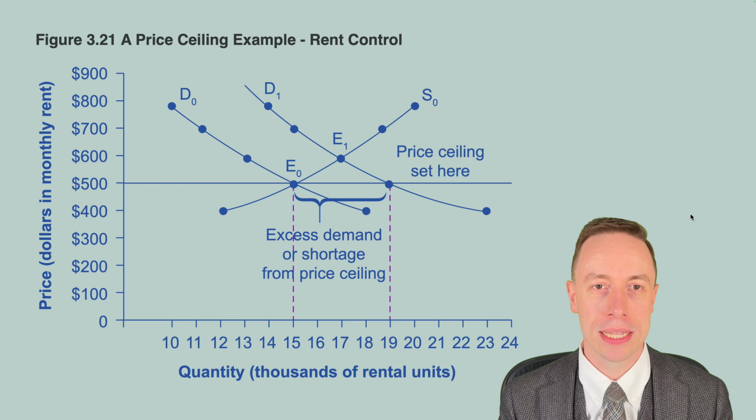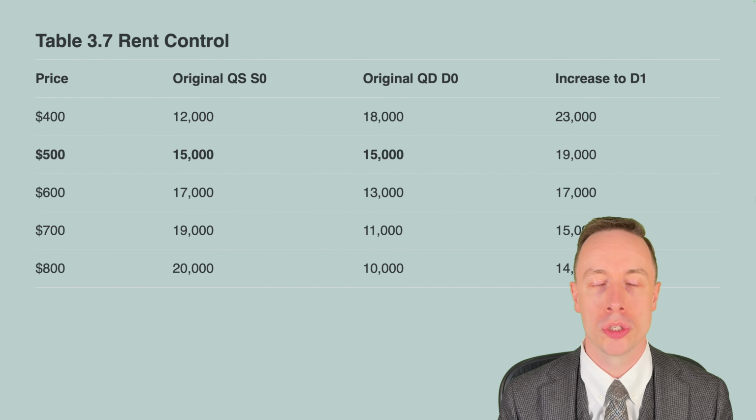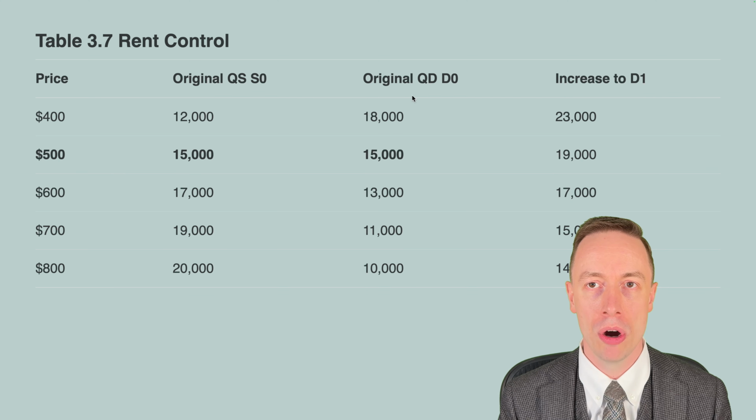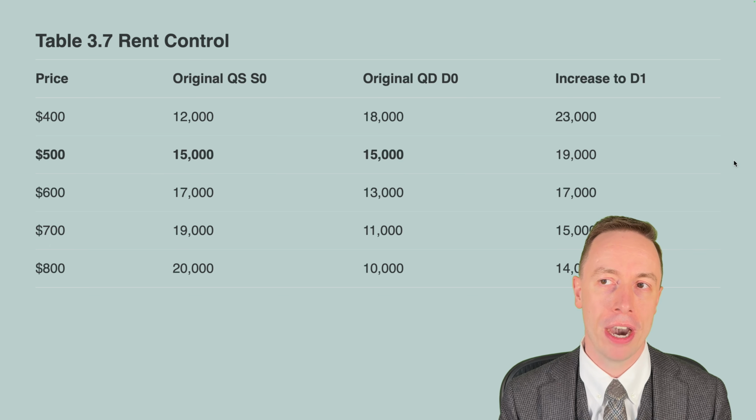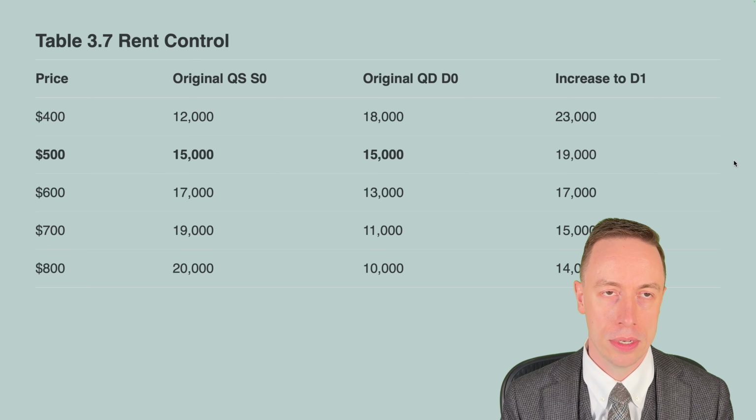Let's go ahead and look at the same situation from the perspective of a demand schedule. So our original supply and demand curves here, S0, D0, now represented as a table. And our original equilibrium, of course, 15,000 supplied and demanded at a rental price of $500.